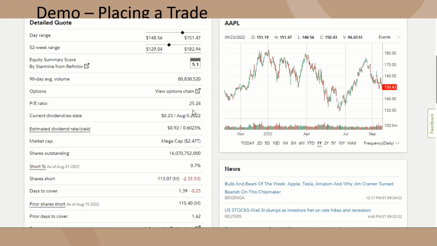That indicates whether the stock is overpriced, underpriced, or correctly valued. And the market cap, this is a large cap, $2.47 trillion. We have also discussed in our session 1 video the large cap, mid cap, small caps, and various stock types. Please watch it if you have not done so.